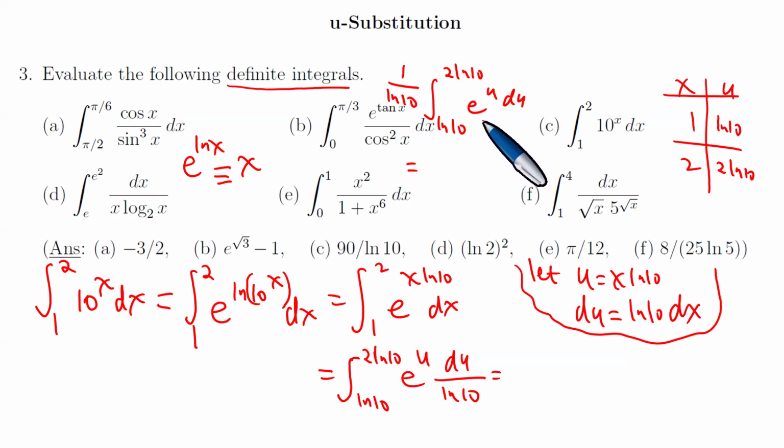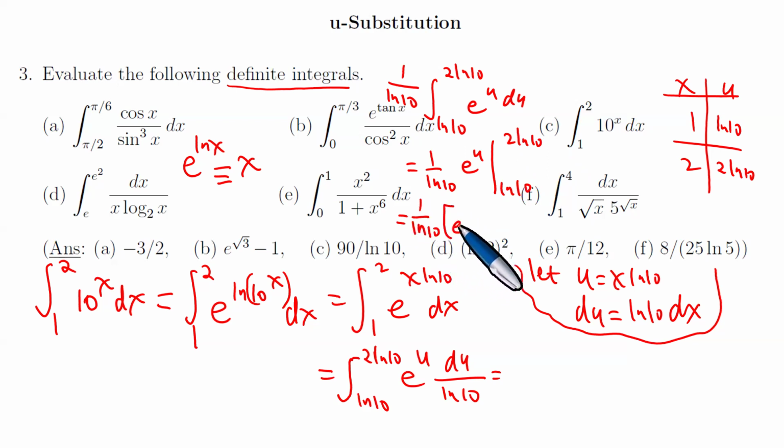If you integrate now, the integral of e to the u is always just e to the u. Then integrating from ln 10 to 2 ln 10, we have 1 over ln 10 times e to the power.